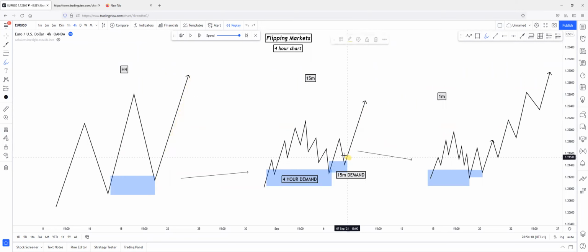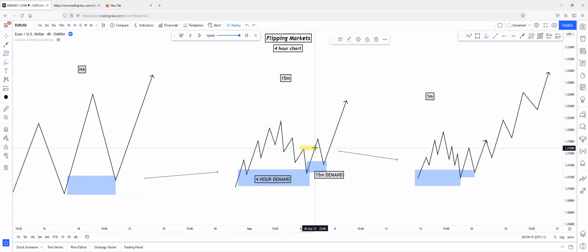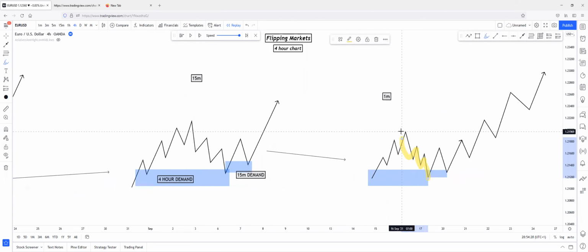Okay, let's break down this step of the zone on the 1 minute chart. So after the 50-minute change of character and the 50-minute demand zone has been created, price tapped into this zone, and this upside movement will look like this on the 1 minute chart, and this downside movement will look like this on the 1 minute chart also, creating a series of lower lows and lower highs.